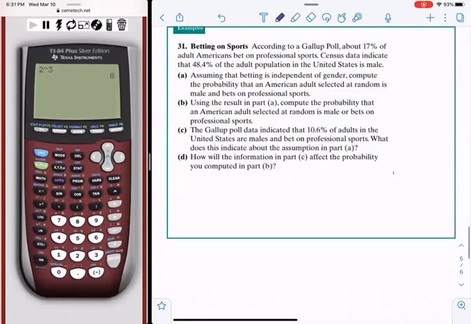So I'm going to define A to be the event that an adult is male, B to be the event that the adult bets on professional sports.